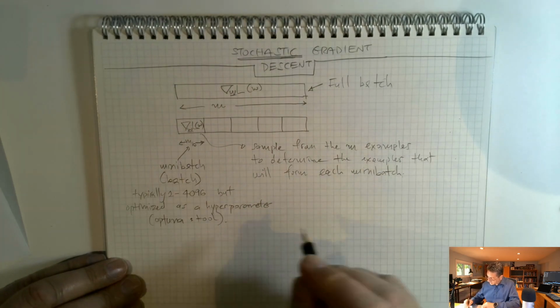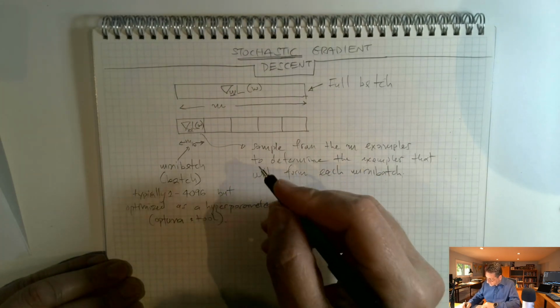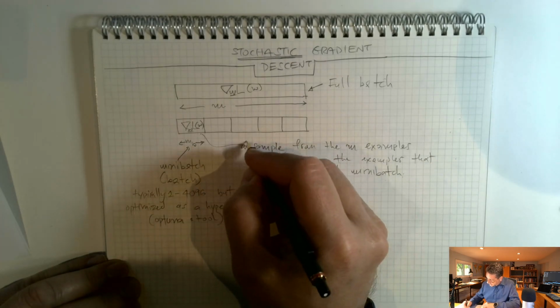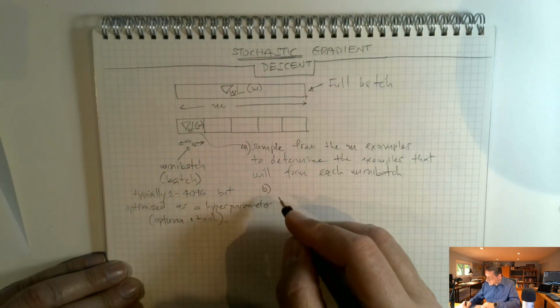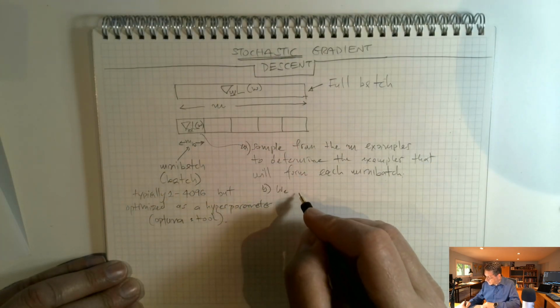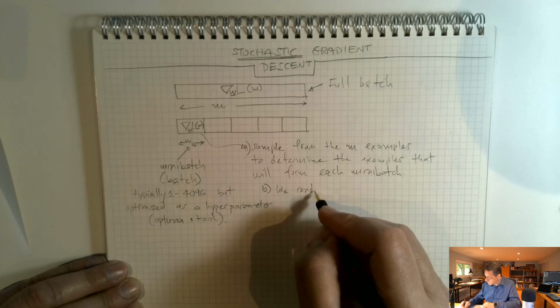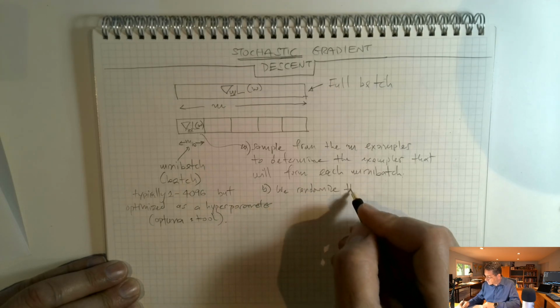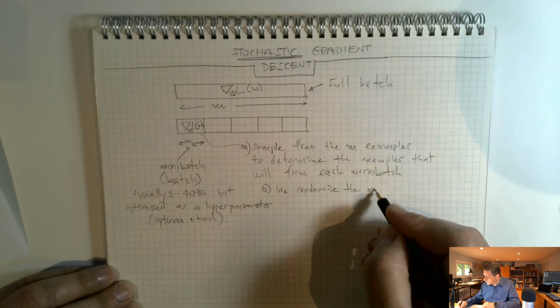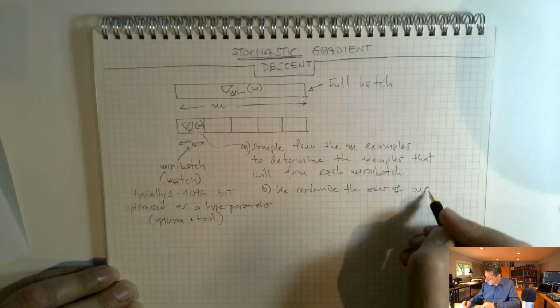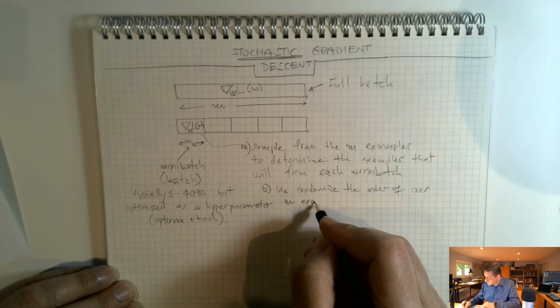That's one way of doing it. The second way of doing it is that we randomize the order of our M examples.